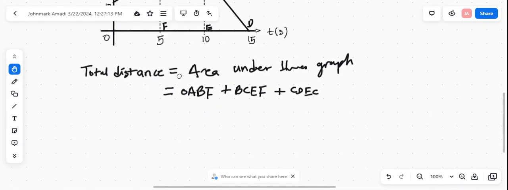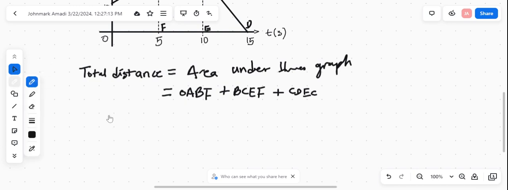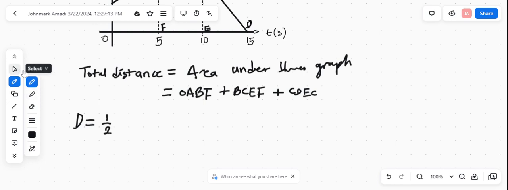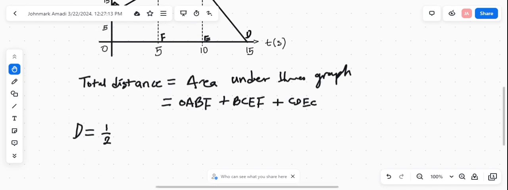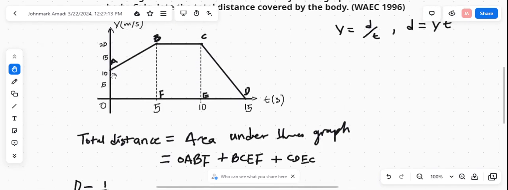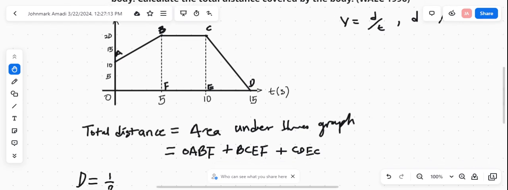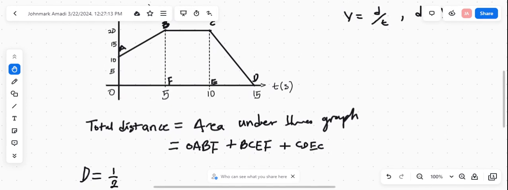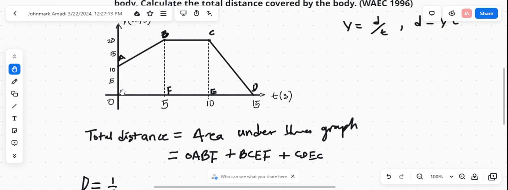Okay, now our distance, let me represent it with letter D, or total distance will be area of a trapezium. Area of a trapezium is a half times the summation of the parallel sides.